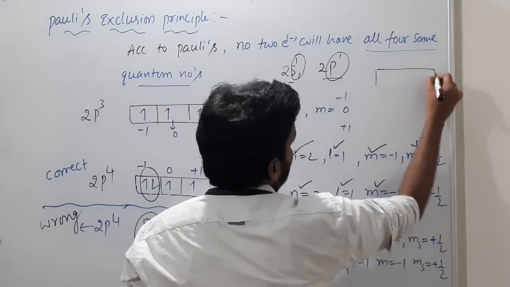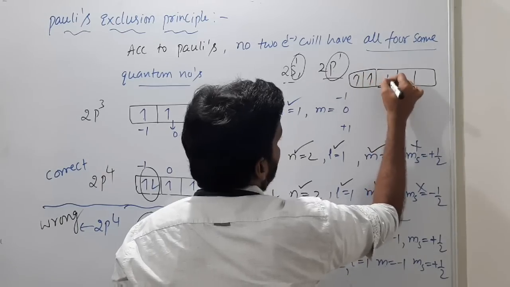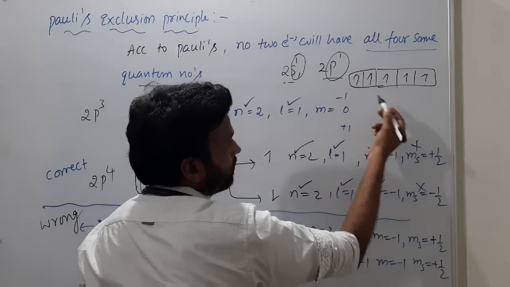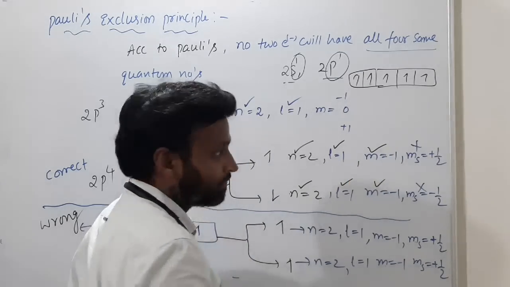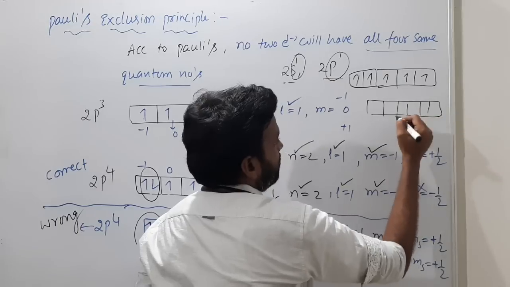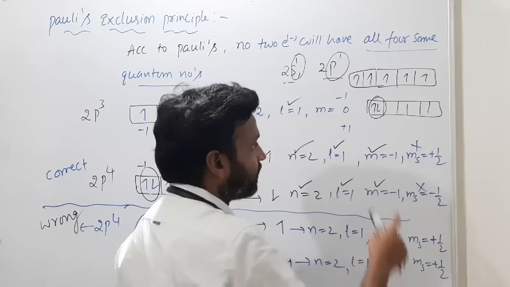Suppose five electrons are given like this: 1, 2, 3, 4, 5. What quantum number is different for any two electrons? The magnetic quantum number is different. If given like this, for these two electrons, what quantum number is different?